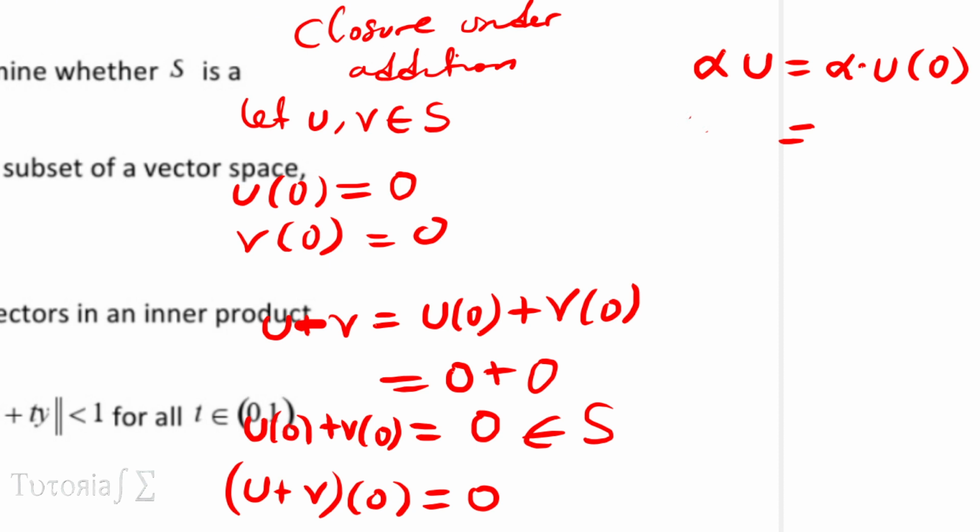What is u of 0? It is 0. And what is alpha times 0? It is 0. So we see that alpha u is 0. So alpha u also maintains the condition, because it still stays in S.